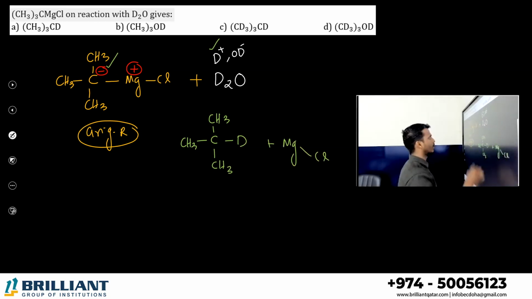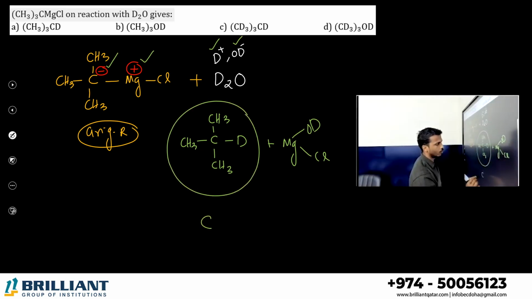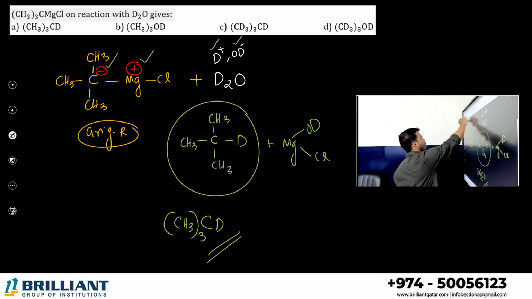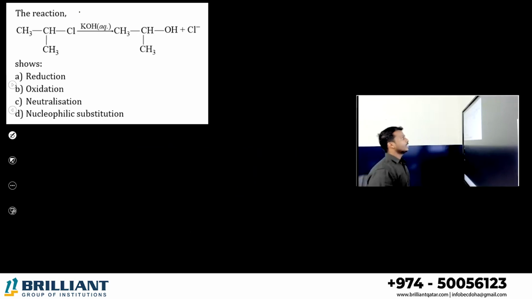MgCl is already there; the Mg plus will take OD minus. So the product is one carbon with three CH3 and one deuterium, (CH3)3CD. What is that? Option A. Correct. Next.